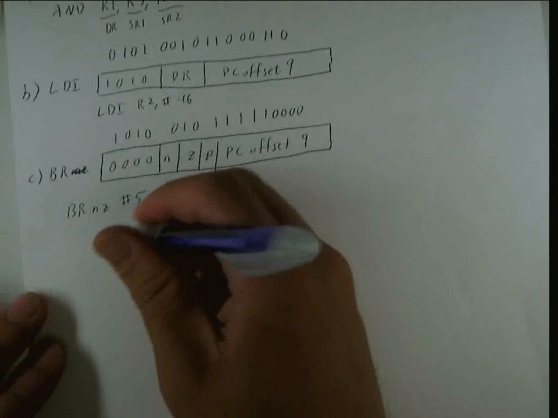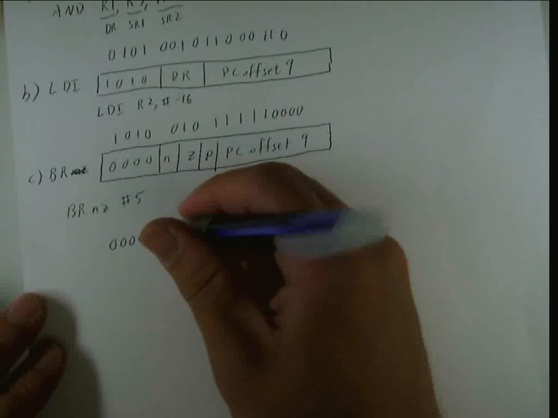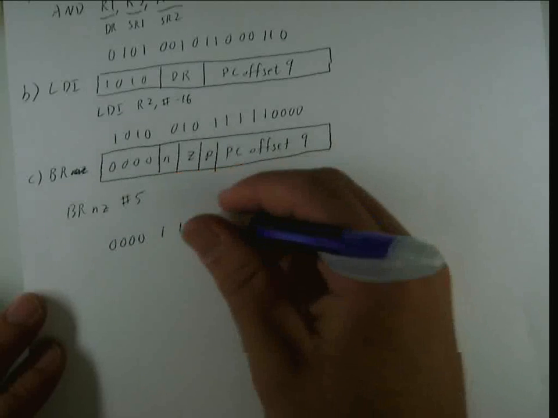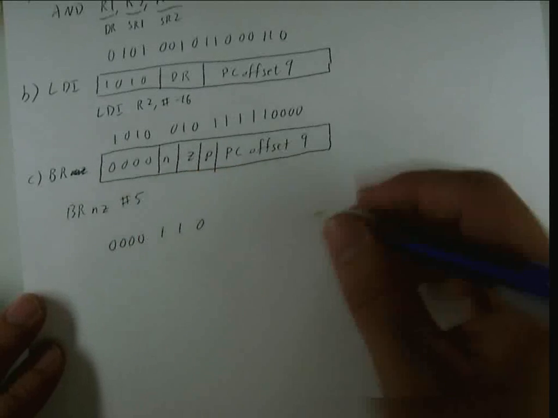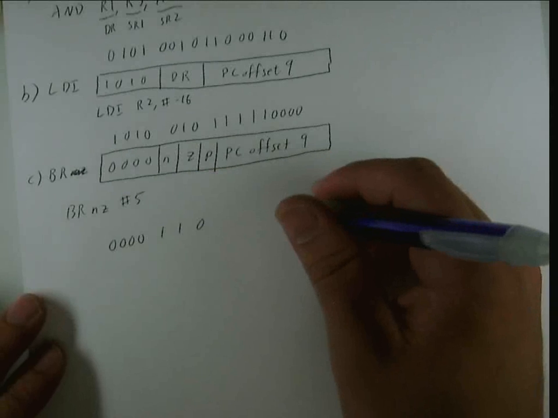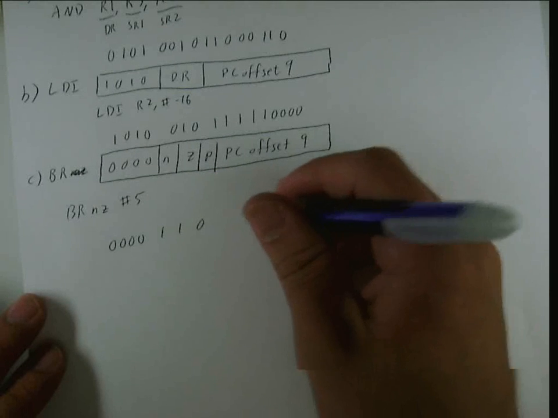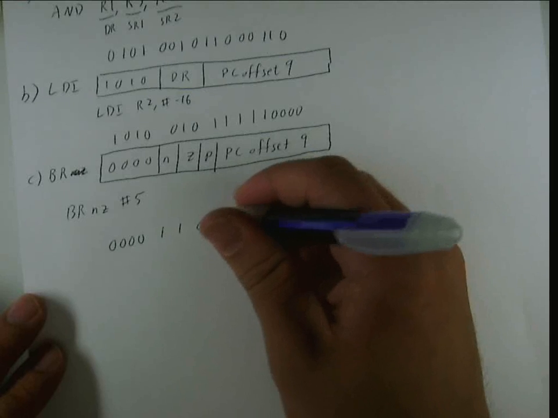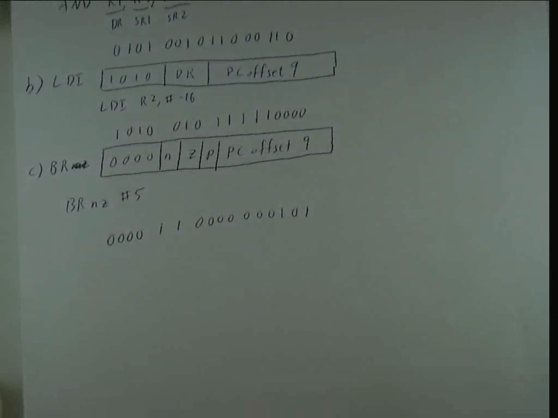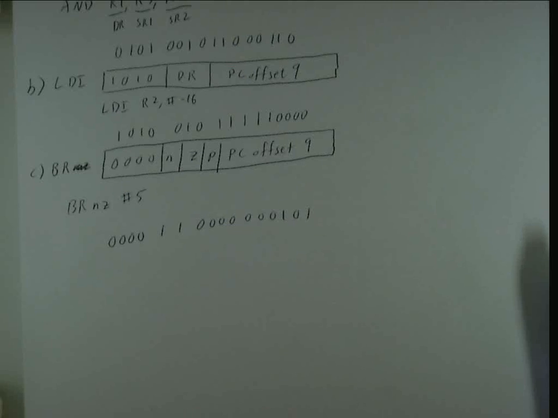So 0000, N needs to be 1, Z needs to be 1, P is 0, and then the number 5, so we're going to have 101, and then 9 bits total to complete the instruction word.